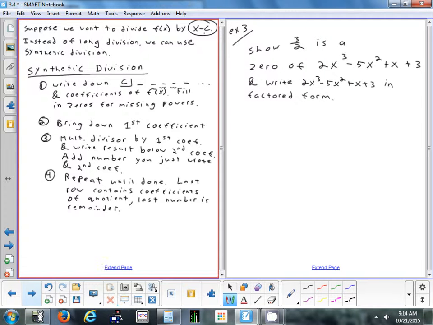All right, so I'm going to use those 4 steps to do synthetic division here. They're asking me to show that 3/2 is a 0, or a root. In the homework, we did a problem kind of like this. If 3/2 is a root, then what would be a factor?